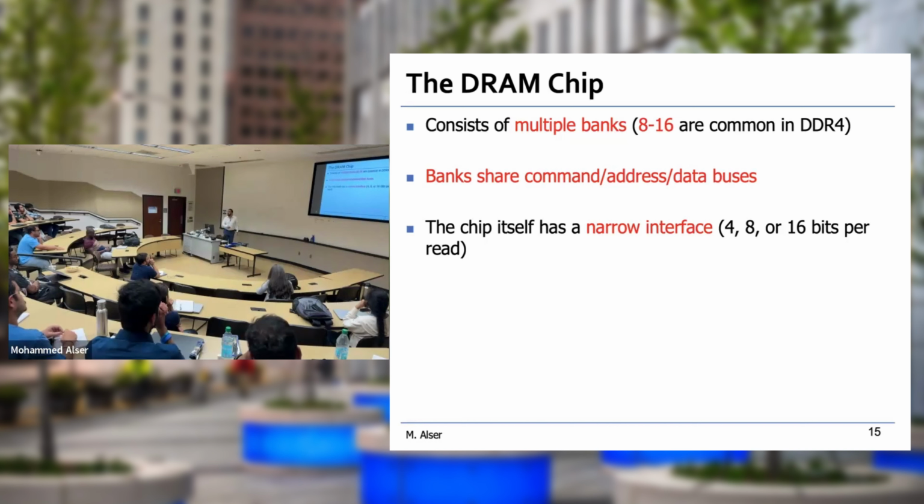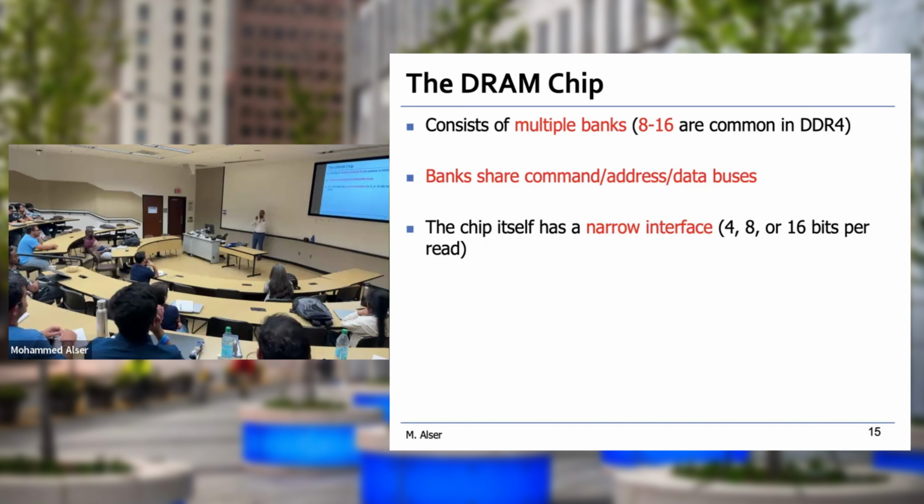Now we have the options. We have a lot of DRAM chips that give you 4 bits, not 8. There are chips that give you 8 bits and 16 bits. Now remember, the interface is 64 bits. It's really fixed. You cannot change that. If you want to have the chip that provides you 4 bits, what do you need to do? The interface is 64 bits. That's what you get at most per clock cycle.